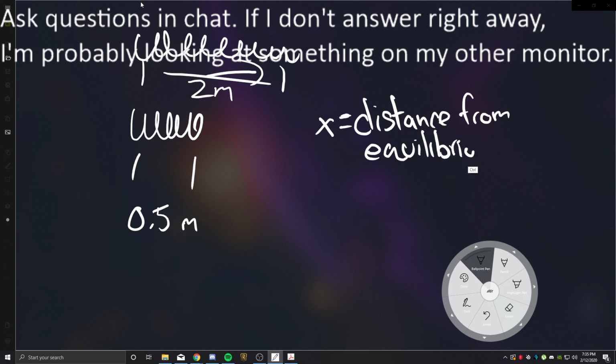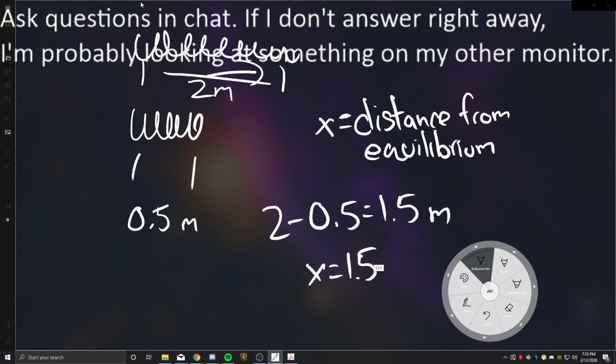So the distance from your unstretched length is 2 meters minus 0.5, which gives you 1.5 meters. And so that's your x. That's what x means.